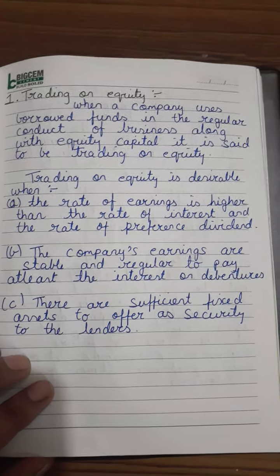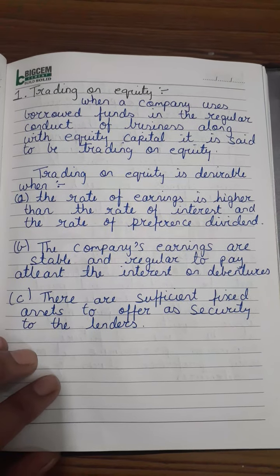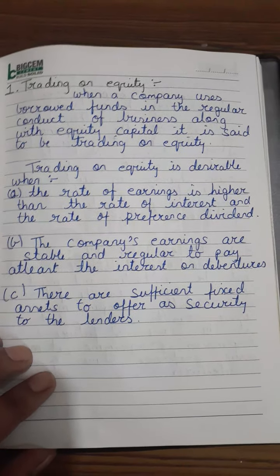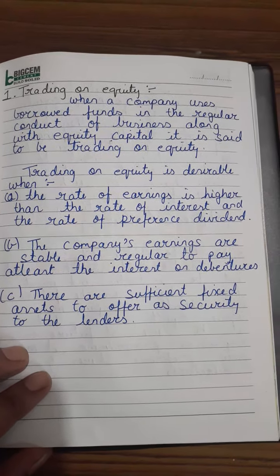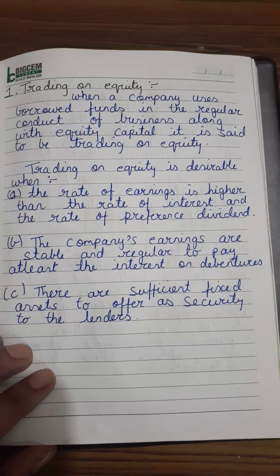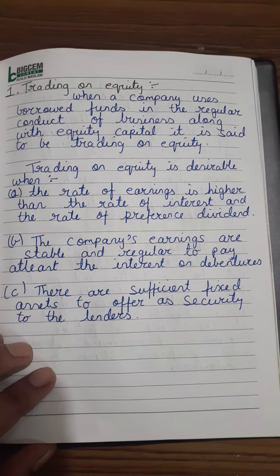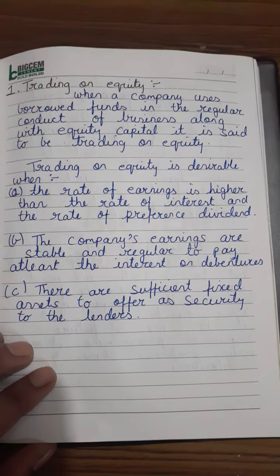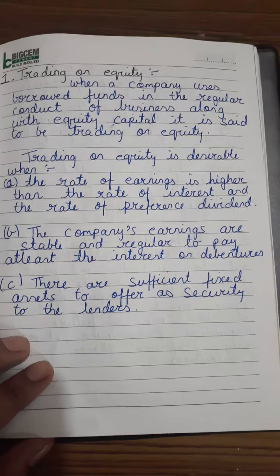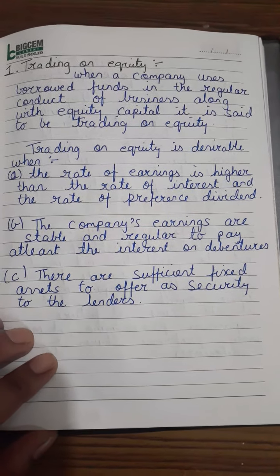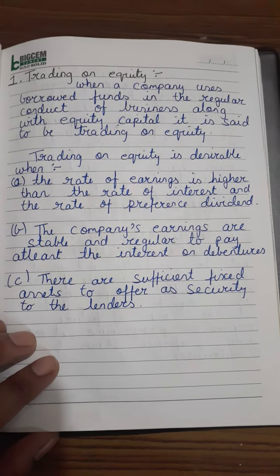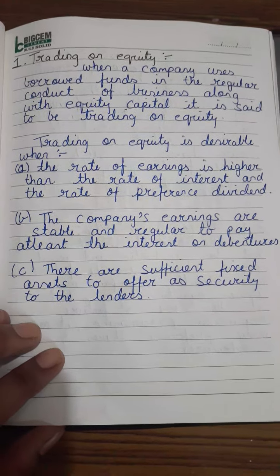A company can trade on equity when the rate of earnings is higher than the rate of interest and the rate of preference dividend. Second, the company's earnings are stable and regular to pay at least the interest on debentures, because interest on debentures is fixed and has to be paid irrespective of whether the company is earning profit or incurring losses. Last, there are sufficient fixed assets to offer as security to the lenders.